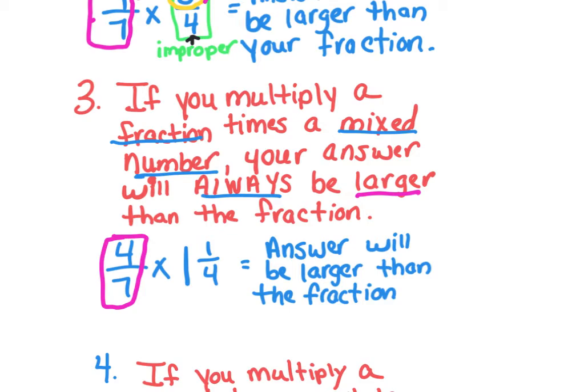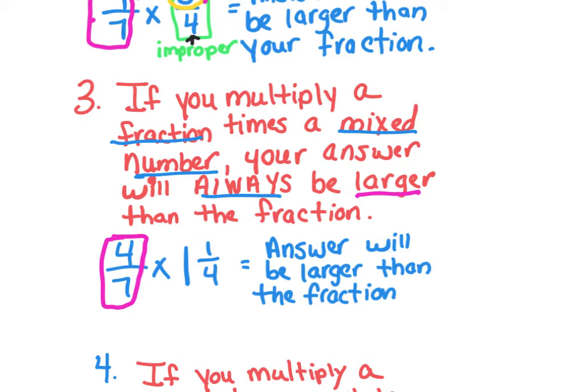The answer is going to be larger than 4/7 because we're multiplying it by a larger number. We're multiplying it by a whole number, because if you multiply 4/7 times 1 1/4, it's going to be bigger than 4/7.